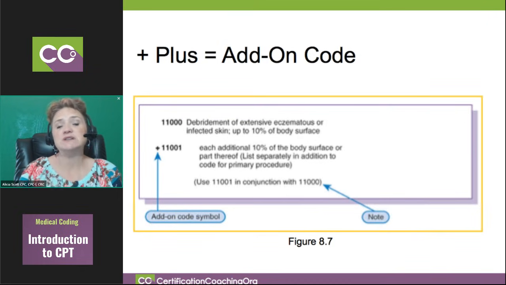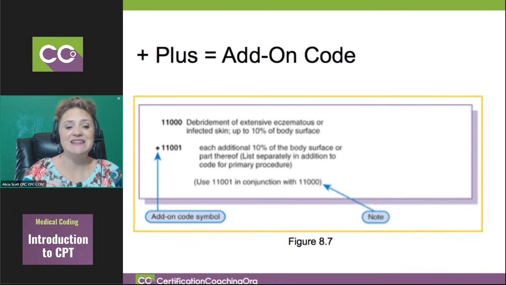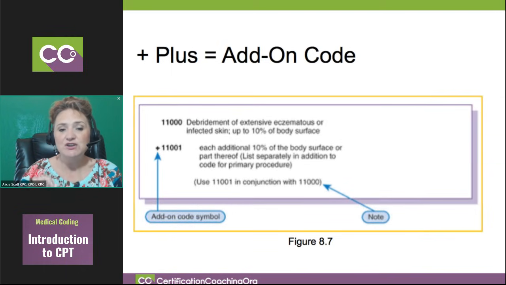A very important symbol that you need to be aware of is the plus sign. Now, whenever you see a plus symbol in front of a code, that means it's an add-on code. We'll talk about add-on codes more in depth later, but what an add-on code means is we're extending the description, that it may or may not be applicable, but it always is an add-on code to this code.